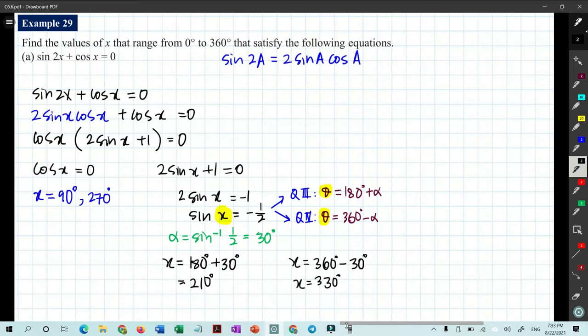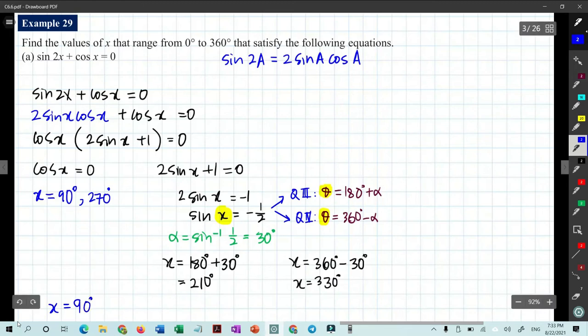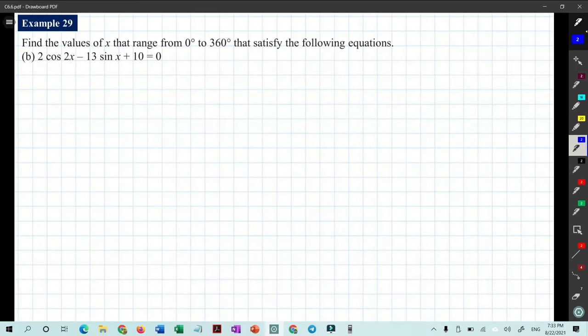And finally we can combine all the solutions. x equals to 90, 210, 270 and 330.